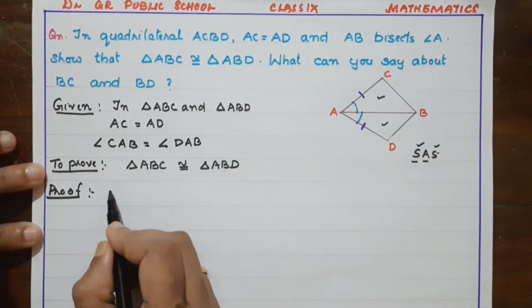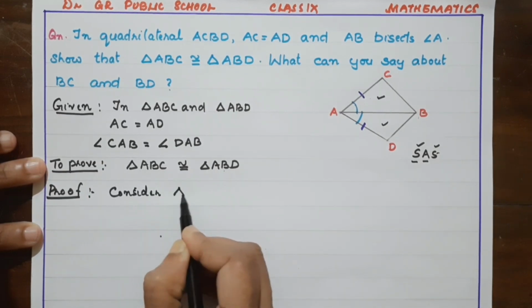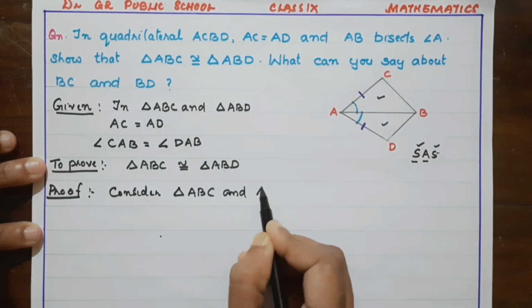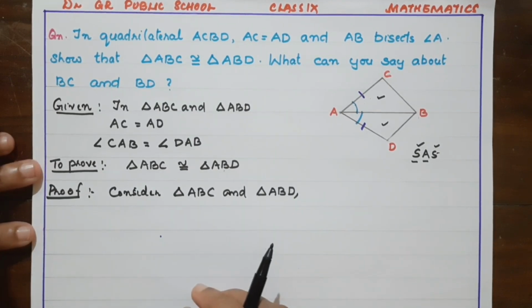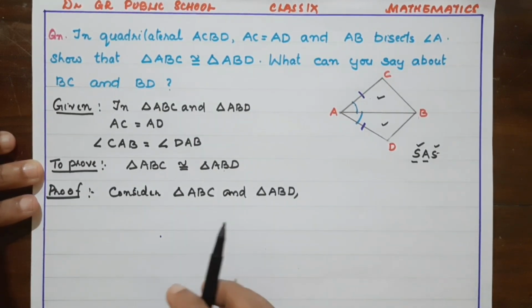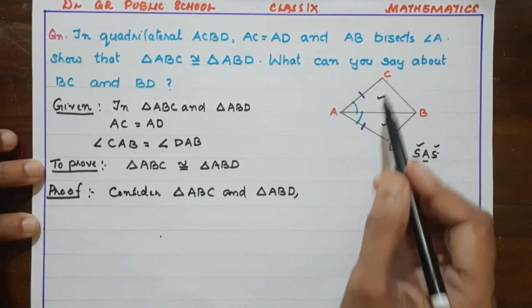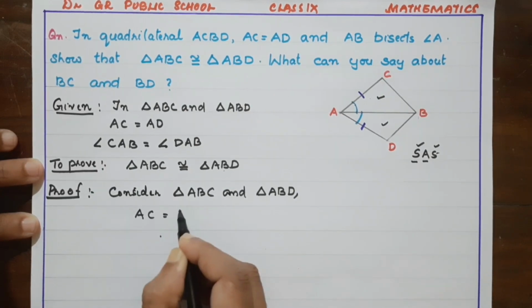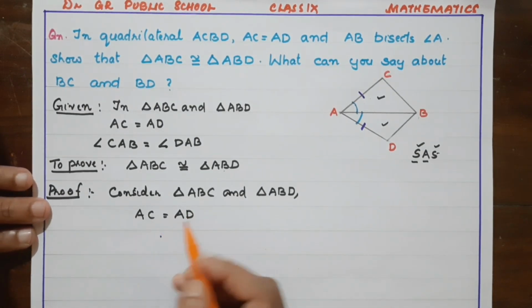Now we consider triangle ABC and triangle ABD. So, what are the equalities? We can take the given equalities first. AC equal to AD. You have to write the reason for all the steps. Why is AC equal to AD?